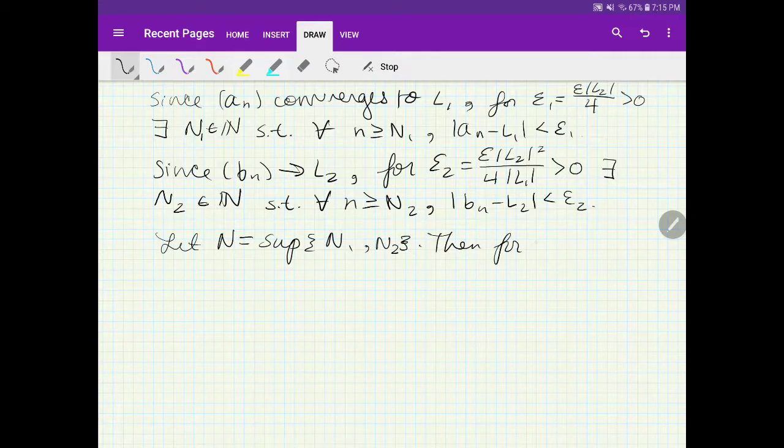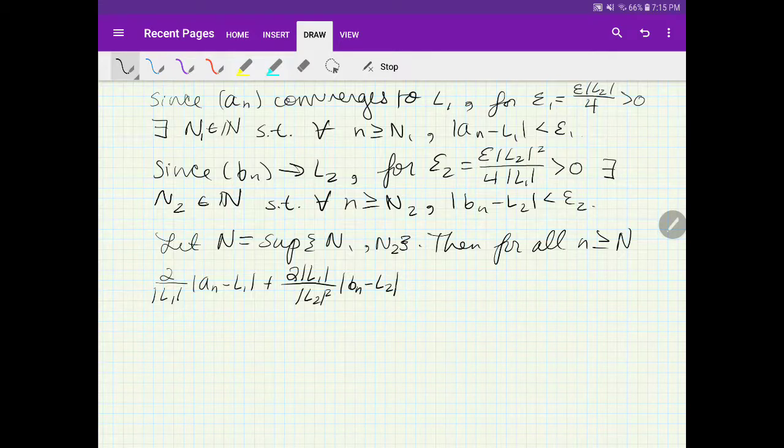Then for all little n's that are greater than or equal to big N, we have 2 over the absolute value of L2 times the absolute value of a sub n minus L1 plus 2 L1 over L2 squared times the absolute value of b sub n minus L2.